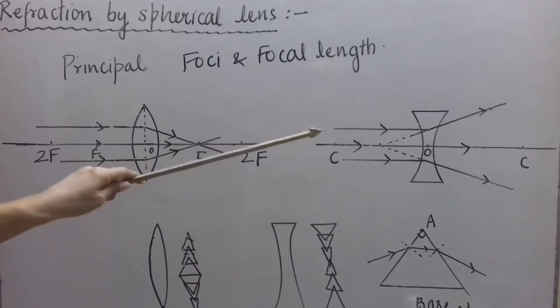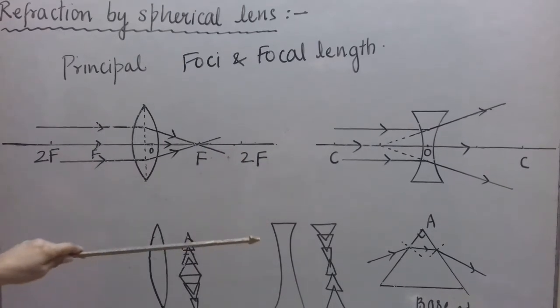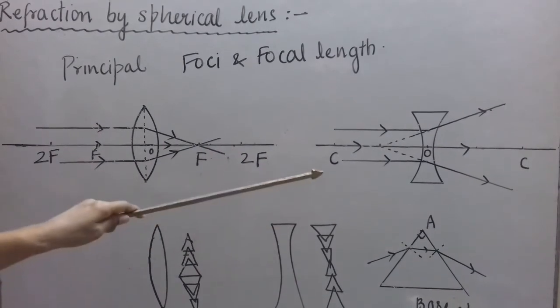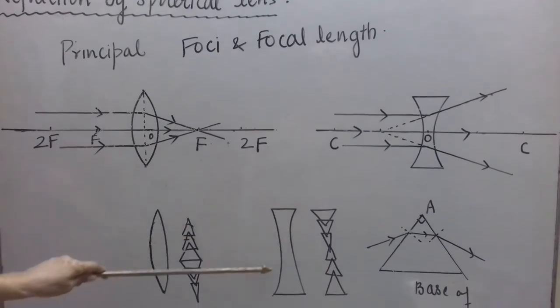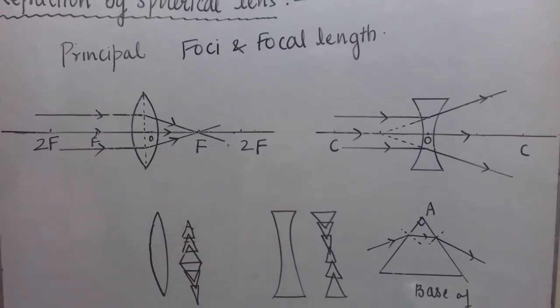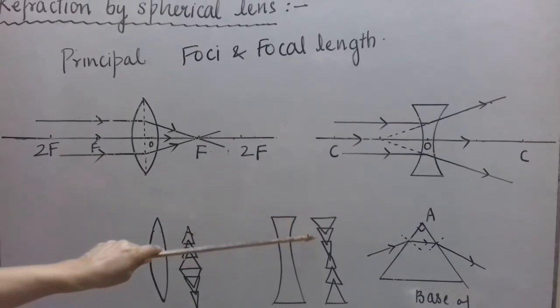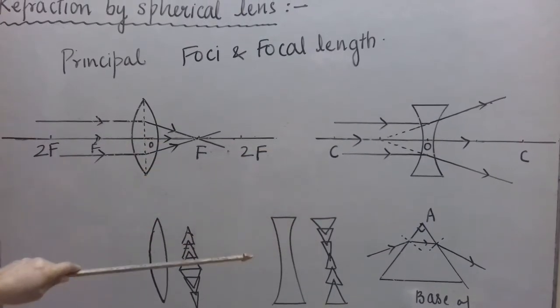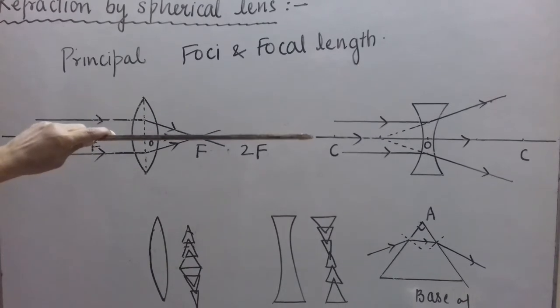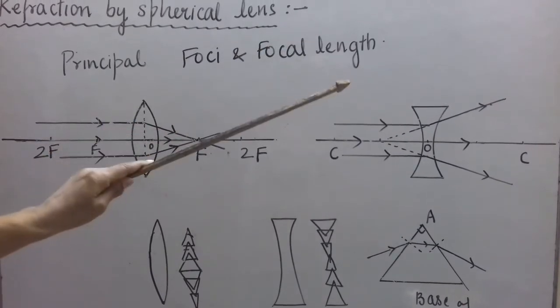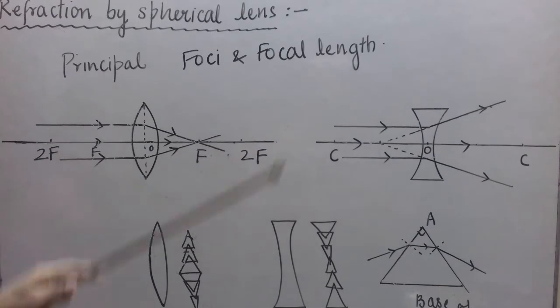So when the parallel rays are coming and striking the concave lens, they are going to bend towards the base, and the base of all these prisms above the principal axis are lying away from the principal axis. So the ray should bend away from the principal axis as I have shown.